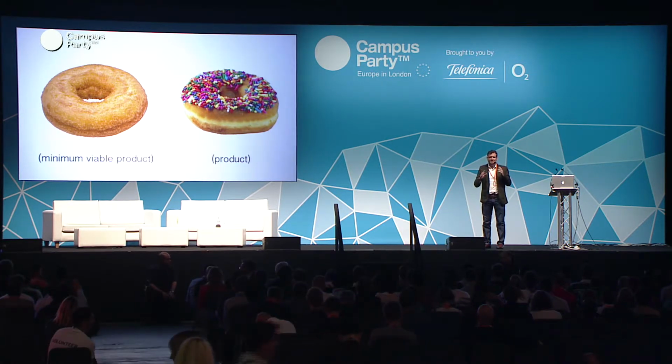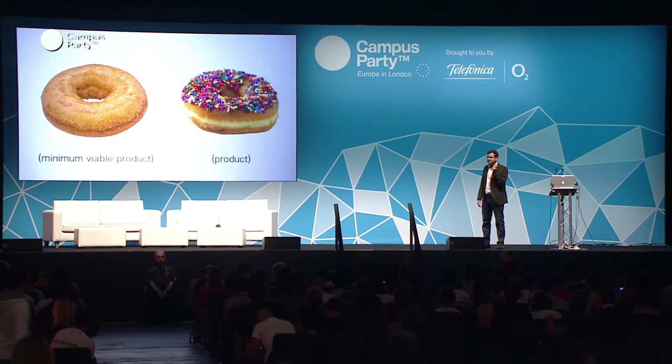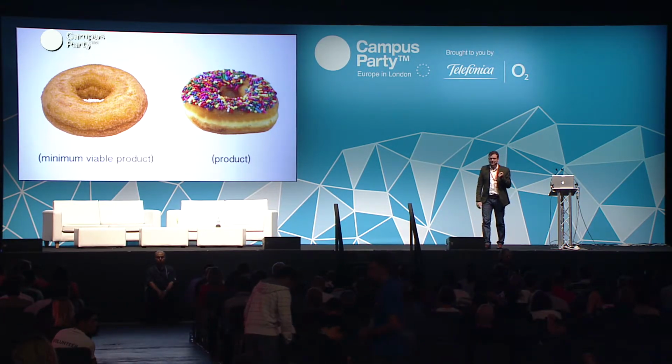They started with a landing page that said, wouldn't it be great if there was a service that sent you a package of clothes that fit you exactly once a month? The landing page had a button that said subscribe, but that button didn't even work. That's how minimal the minimum viable product was.